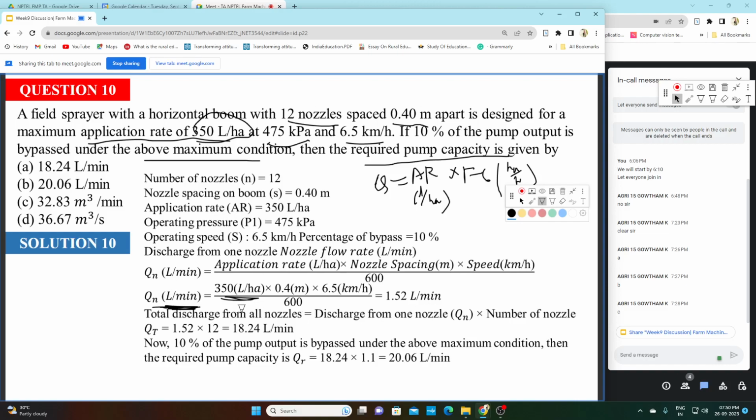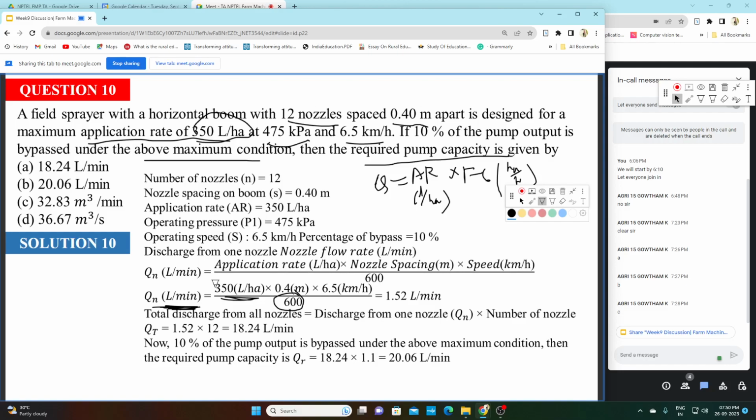So you can get the pump capacity, that is 350. Application rate is given 350. Now S into W by 10. What is S? S is the speed, that is 6.5. What is W? W is the total width of the machine, that is 12 into 0.40, divided by 10 into 60 because we have to convert hour into minute, that is why 60. 10 into 60 is 600.